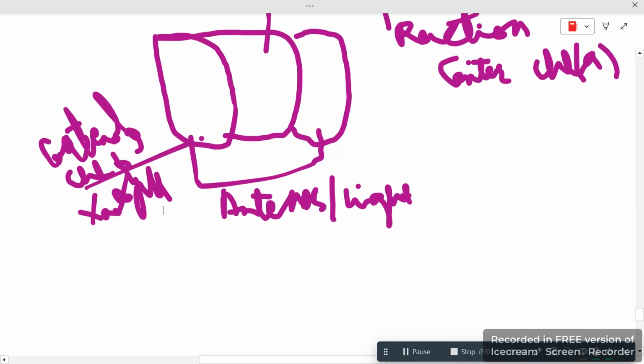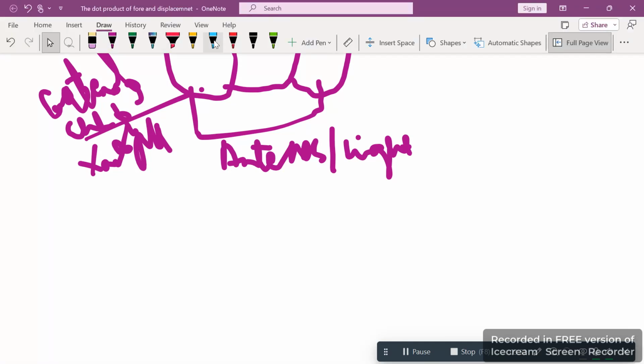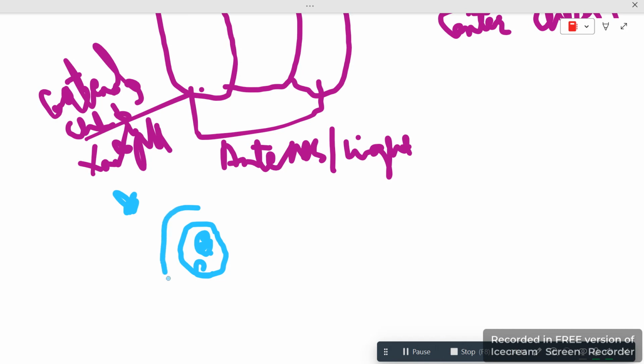Let me just tell you, this was the structure of the photosystem. Now if we talk about the sun, if this is the sun, here we have the electron in the outermost shell, and the entire process. If this is the nucleus, they have the shells: this is the outermost, this is the inner, the second.